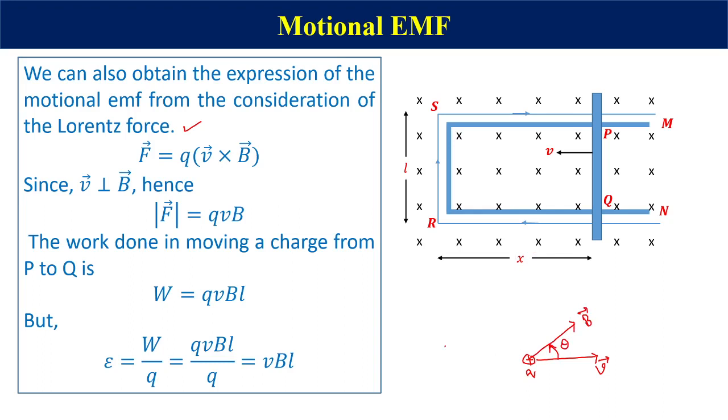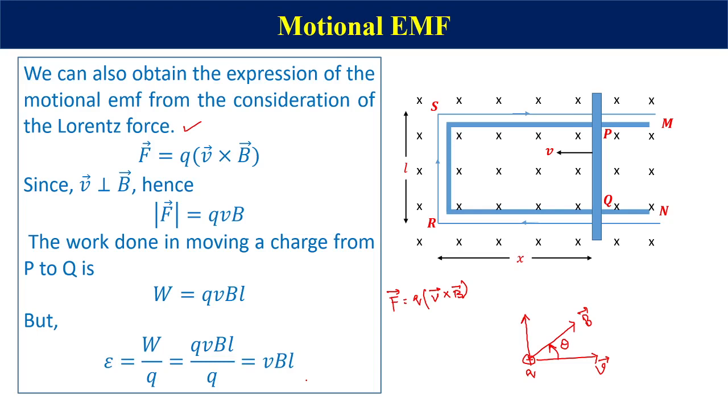In that case, Lorentz force is given by the expression F equal to q whole into v cross B, and this force is directed perpendicular to both velocity and the magnetic field vector. Alright, so if the velocity vector and the magnetic field vector are coplanar vectors, that means they are in a plane, then Lorentz force acts perpendicular to this plane. That's a very peculiar concept.